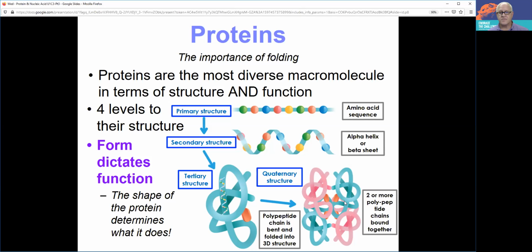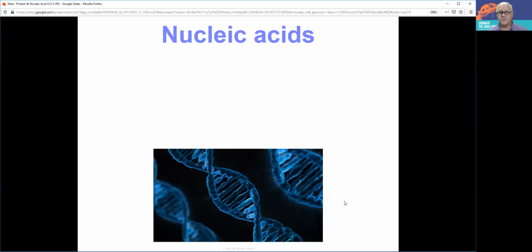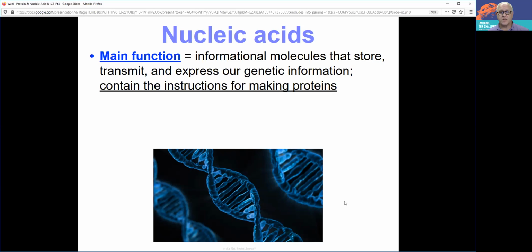Now, the fourth macromolecule that we're going to talk about is the nucleic acids. The main function is that this is an informational molecule that stores, transmits, and expresses our genetic information. And it contains the instructions for making the proteins.